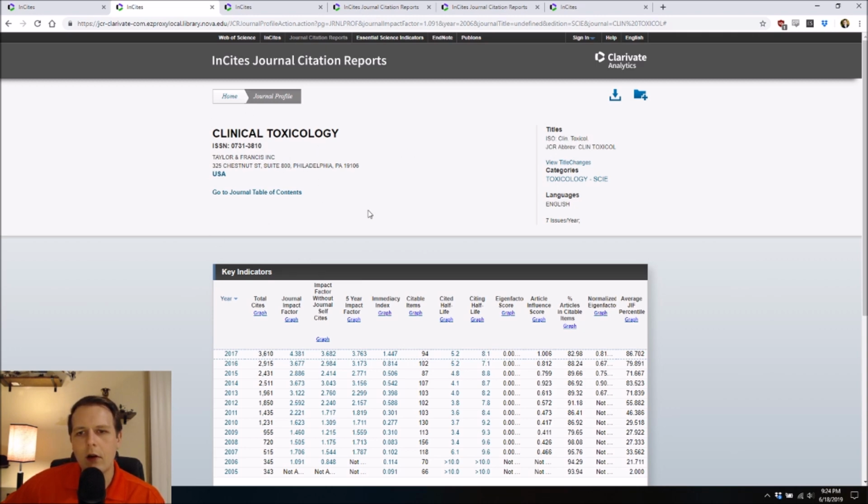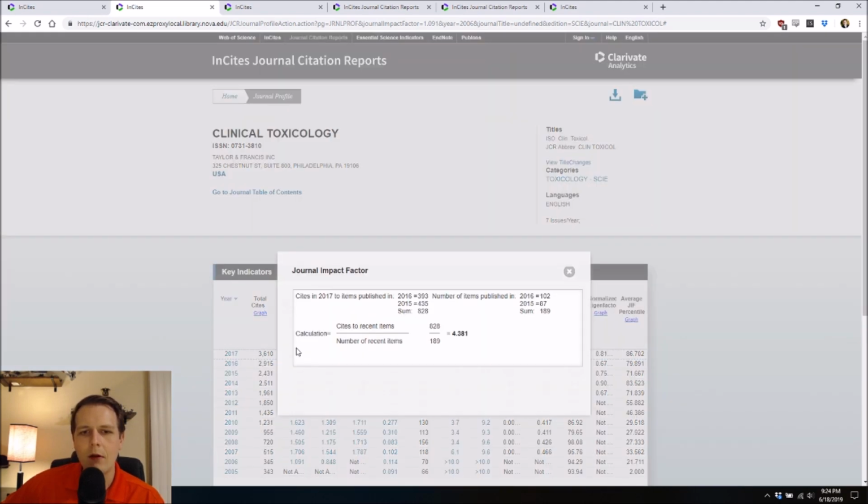There's a lot of numbers here that I'm not particularly interested in, but the one that is good to know is the actual journal impact factor, which you can see here. And this is something that gets calculated year by year. You can see 2017 is the latest year they have available, and it has an impact factor of 4.381. What does that mean, though?